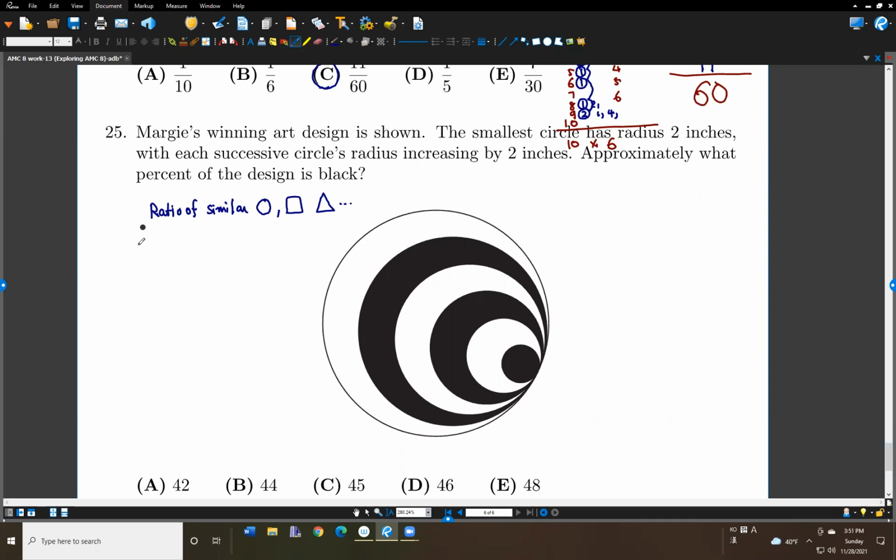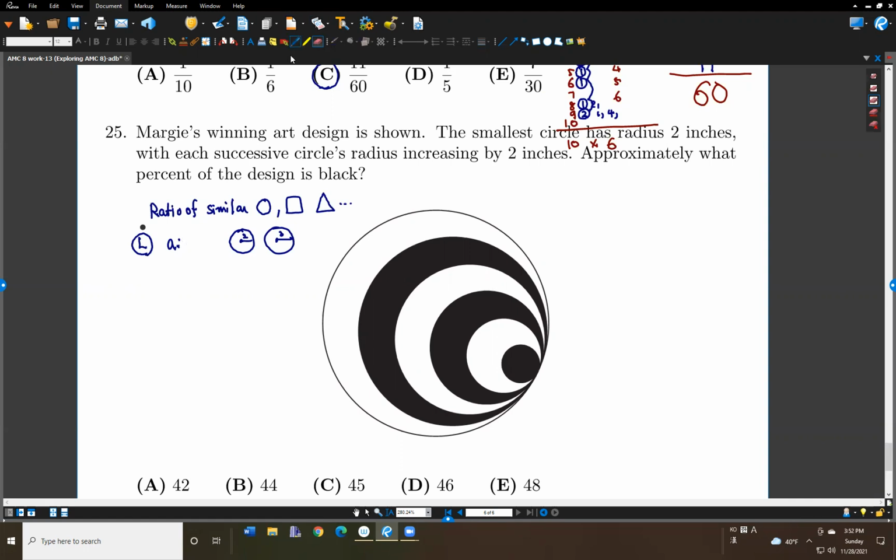But if you have a ratio of length, the ratio of the length is 1 to 2, for example. I'm going to use a circle because we have a circle problem here. If this circle has radius 2, the other circle has radius 3. The ratio of the length is 2 to 3, right?